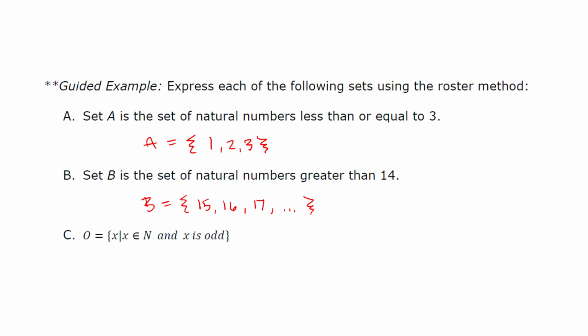So N here represents the natural numbers, and X is odd. Okay, so set O, written using the roster method, would be all the natural numbers that are odd. So that would be 1, 3, 5, 7, and so on. Okay.